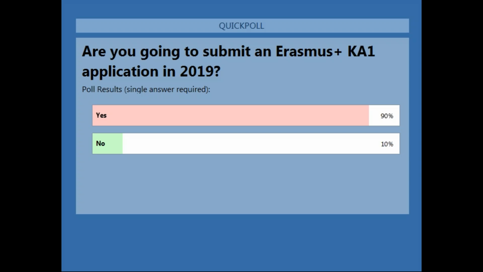Right. First question: are you going to submit an Erasmus Plus KA1 application in 2019? 90% of you will be doing that.